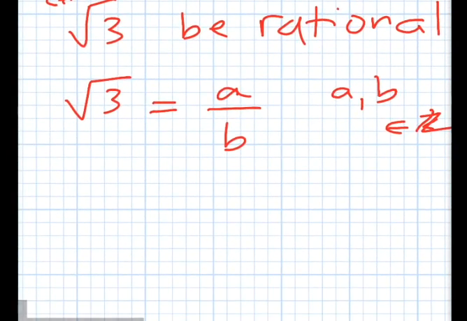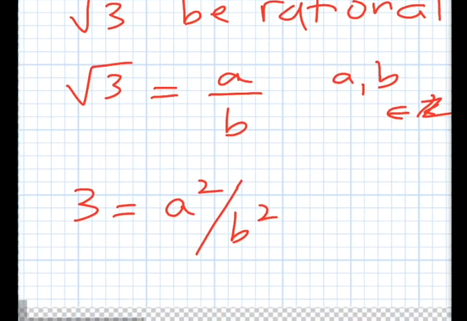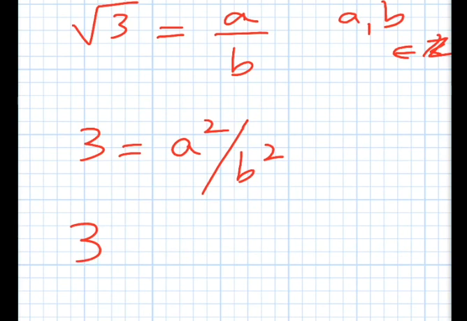Okay, so then we can square both sides and we get 3 is equal to a squared over b squared, and then I can say 3b squared is equal to a squared.